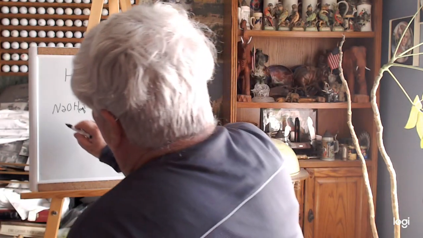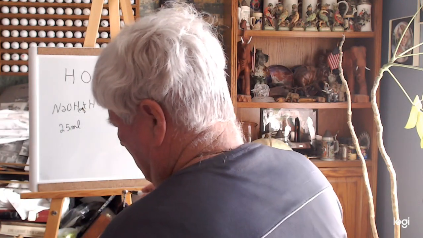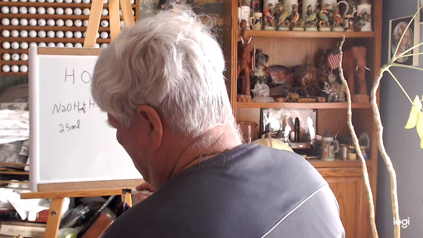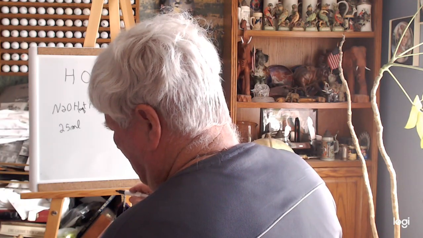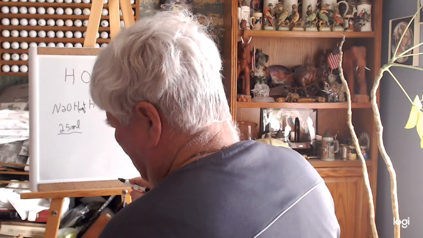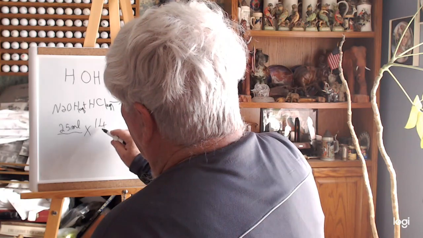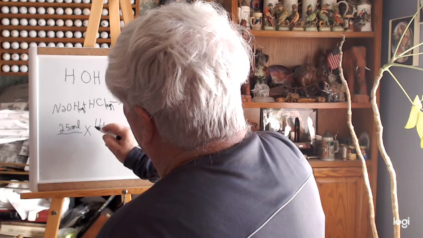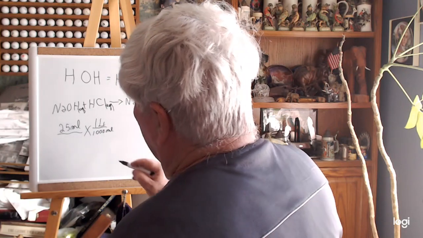So the problem is 25 milliliters of this times the concentration of it. Now, we don't deal in milliliters, mostly we deal in liters. So you multiply it times 1 liter per 1,000 milliliters, which is the conversion factor of the two.